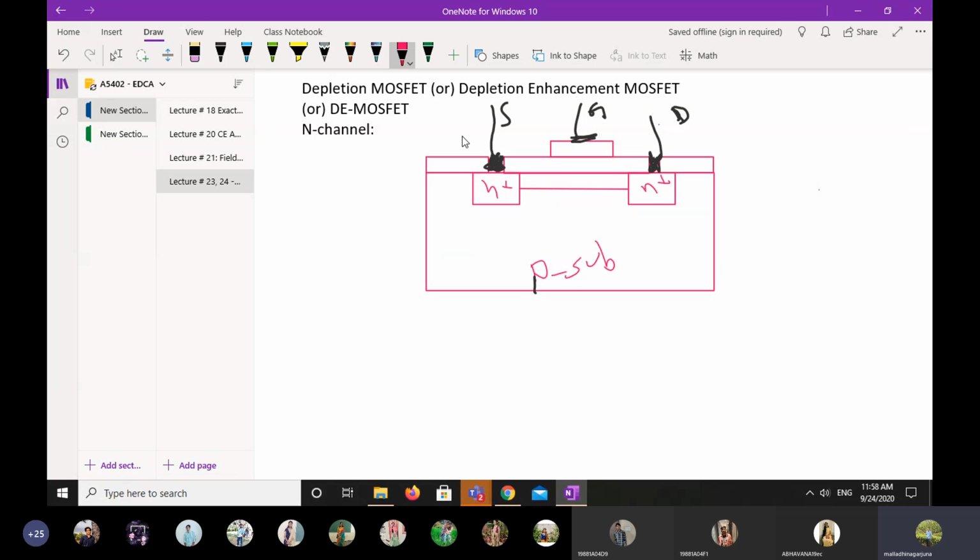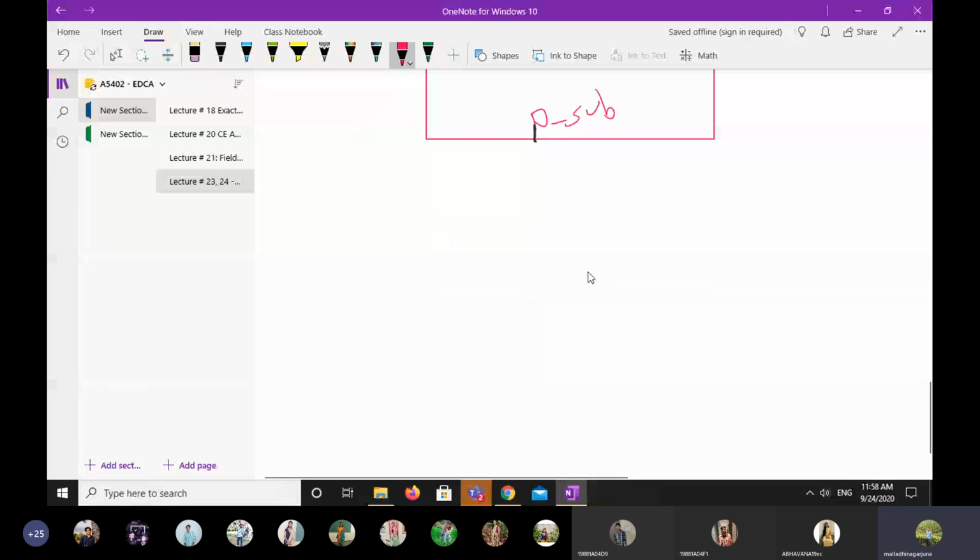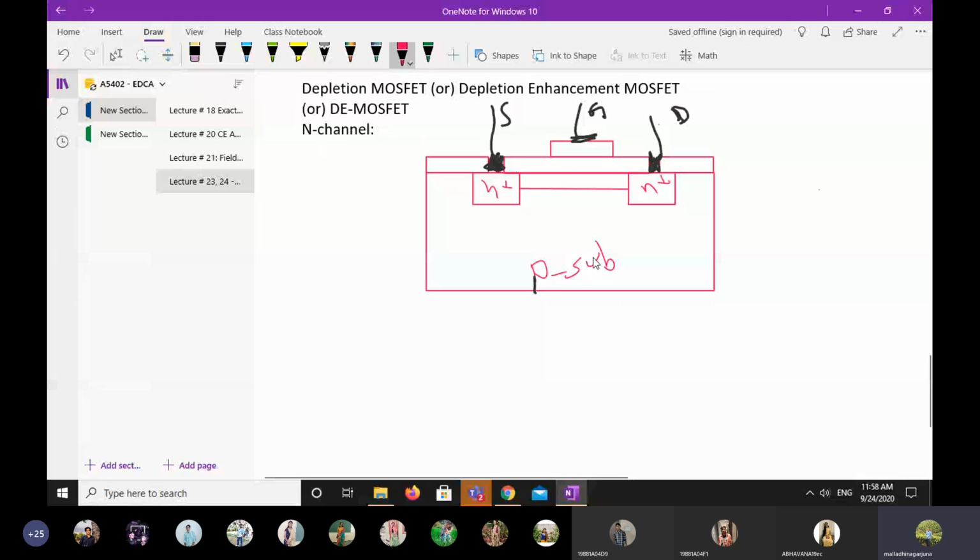Okay, so this is the construction. Now please note down the circuit, and I will explain the enhancement MOSFET and the depletion MOSFET again, compare both operations, and insert one table.